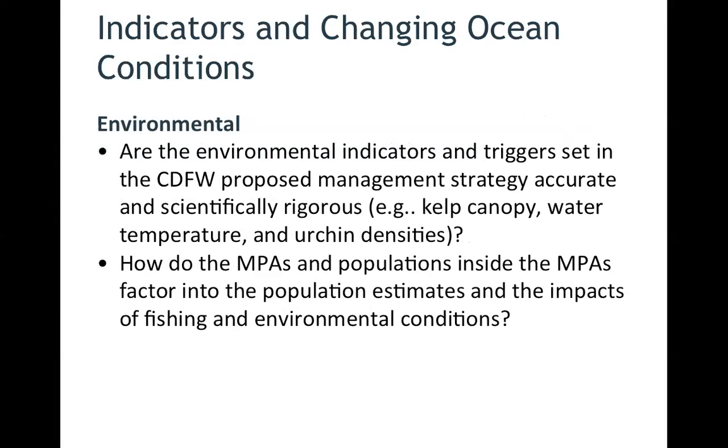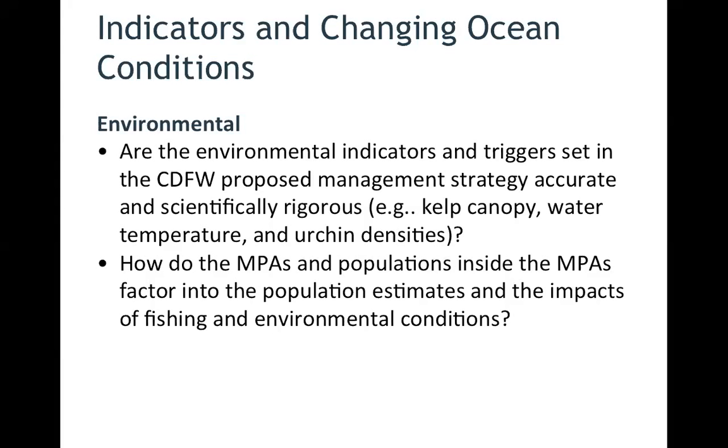How do the MPAs and populations inside the MPAs factor into the population estimates and the impacts of fishing and environmental conditions? Could those population dynamics inside the MPAs bound models? Wondering, Pete, if you want to speak to if these are types of questions that will be in the scope of the review, or things that you are not going to be able to tackle as part of the review.